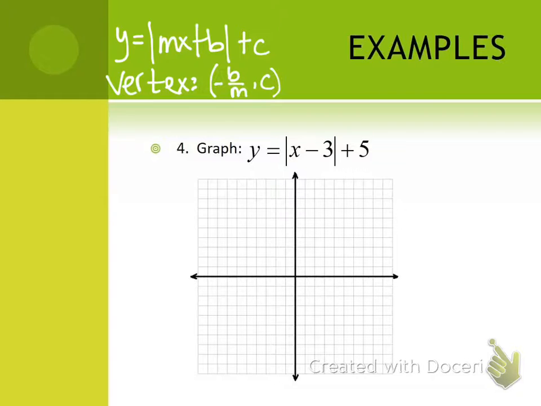All right, we do not have a negative out in front of our bars, so we don't have to worry about flipping it. So let's work on identifying M, B, and C.